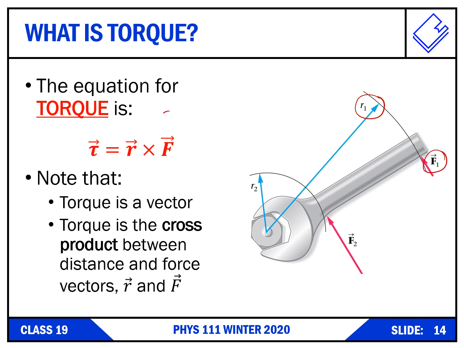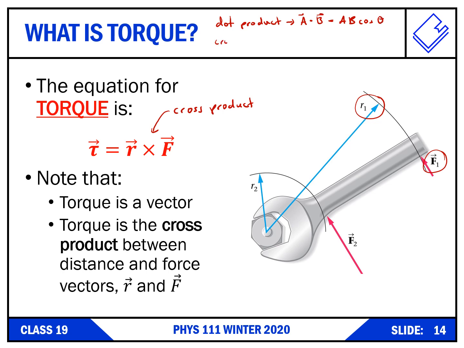So this is the cross product. I won't get into too many details about this, but a dot product is going to be a vector A dotted with B, and it's going to be equal to AB cos theta for the angle between the two vectors.